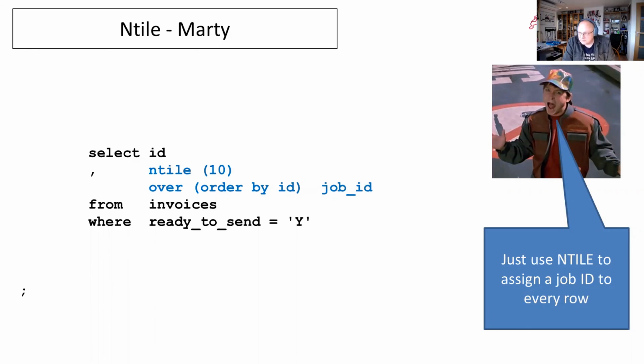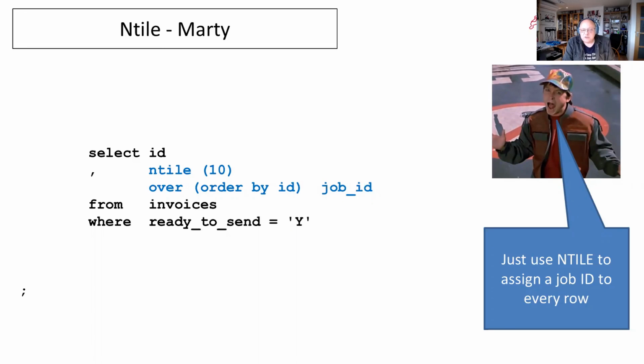NTILE expects one argument, in this case 10, and that is the number of buckets that it needs to create. And we order by the ID, because we want the rows to be distributed among the jobs according to the order of the ID.